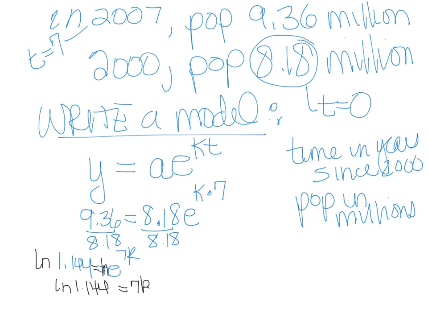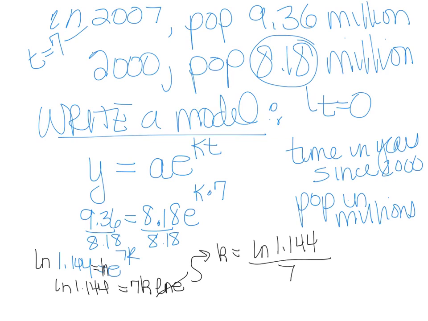But the 7k comes down in front of ln of e, and of course ln of e equals 1. So now I just need to solve it for k. k is equal to ln 1.144 all over 7. Make sure you finish your logarithm before you divide by 7.